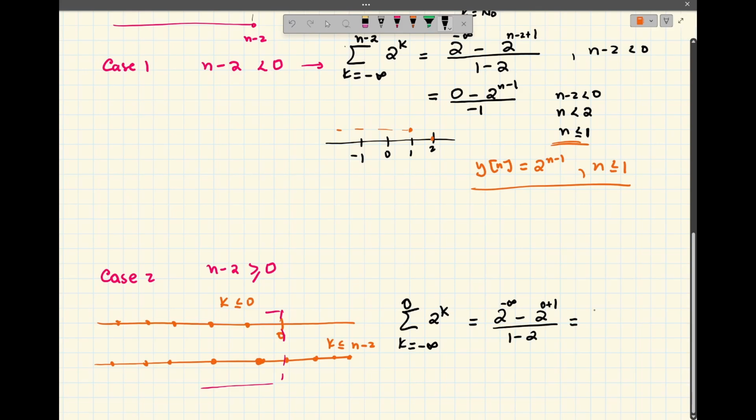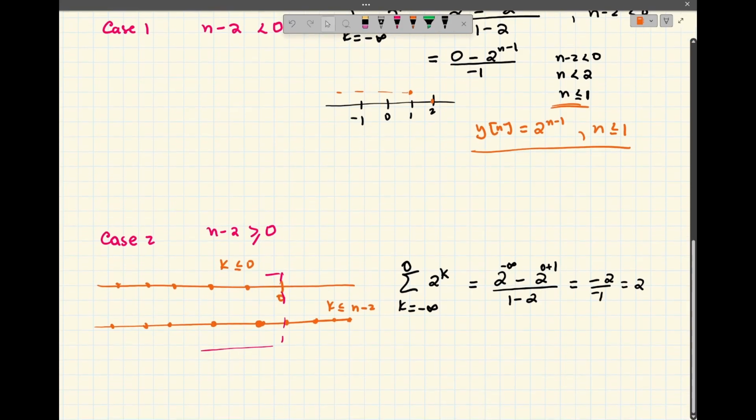So it gave me negative 2 over negative 1, so that's 2. So for this case, y of n is equal to 2 for n minus 2 bigger or equal to 0.